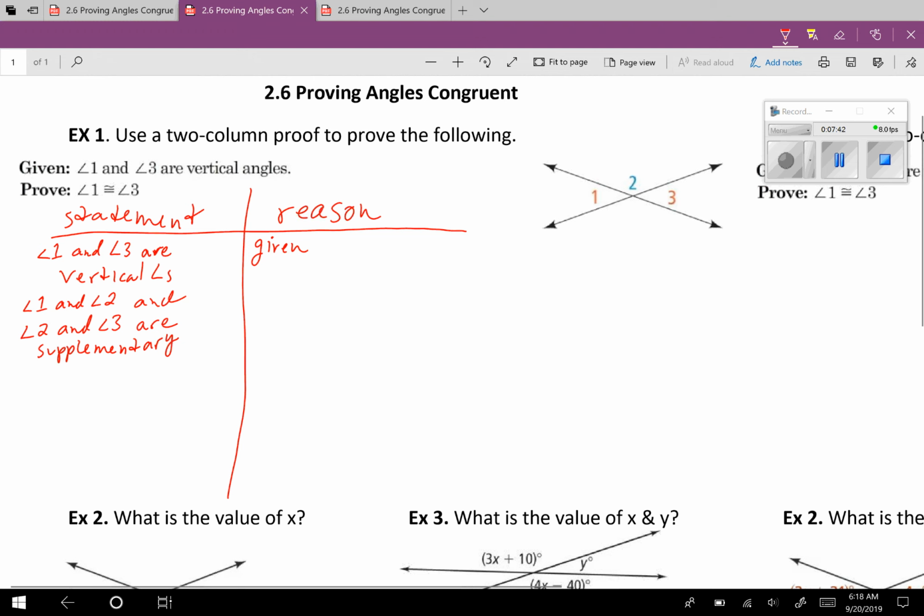This is our second statement. So angle 1 and angle 2 and angle 2 and angle 3 are supplementary. And what is the reason? Linear pairs are supplementary.